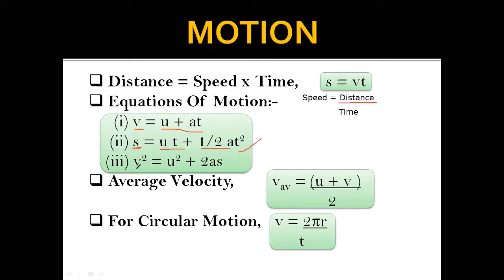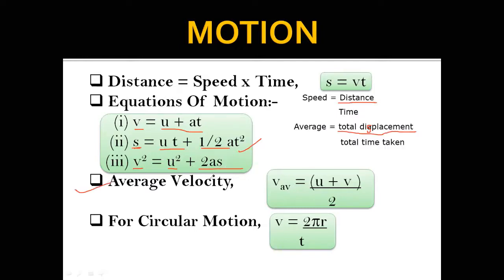Okay. The third equation of motion is V square is equal to U square plus 2AS. Here again V is the final velocity of the object, U is the initial velocity of the object, 2 is a constant here, A is acceleration and S is displacement done by the body.